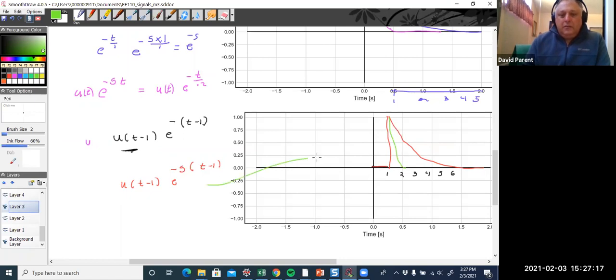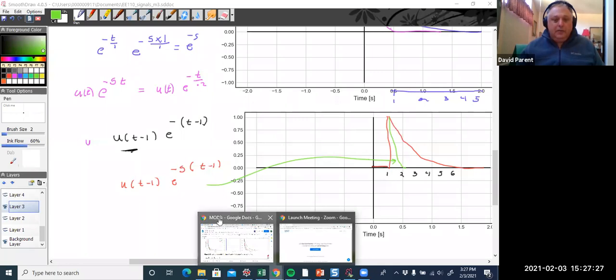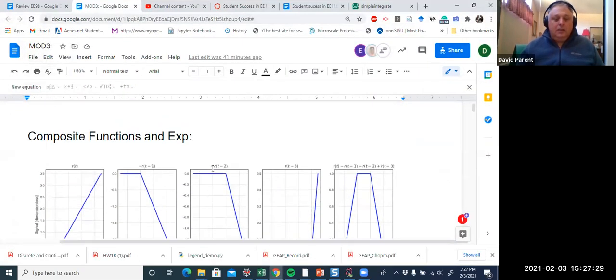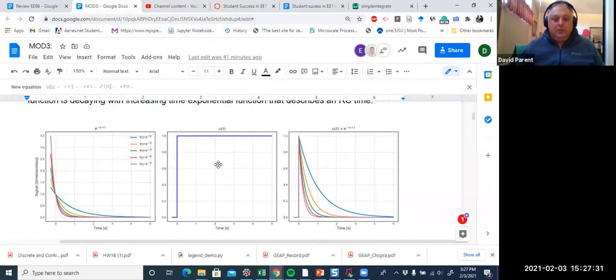it's a little hard for me to draw decaying exponentials. So if you want a lot of examples, that's what the notes are for. And you can see here's all the decaying exponentials. You probably have to zoom in to see some of that a little better. This is more for you after class. You can see how they're exponentially increasing for negative time.